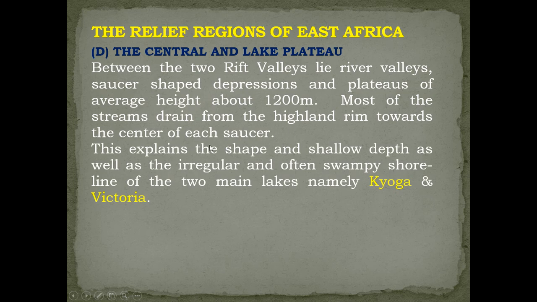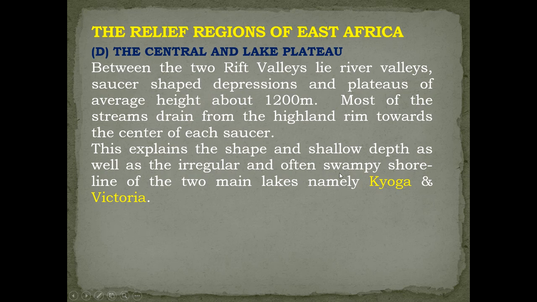This explains, because this region is in between the Rift Valleys, the shape of these lakes. They are shallow in depth, irregular, and most often they have swamps. The shores of these lakes are swampy.